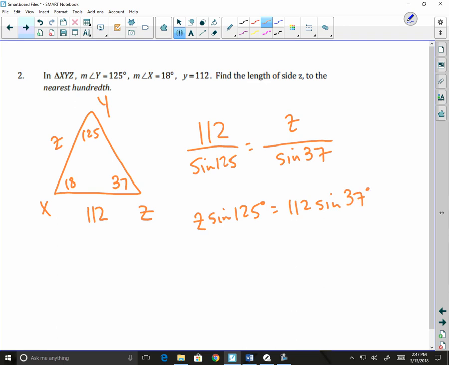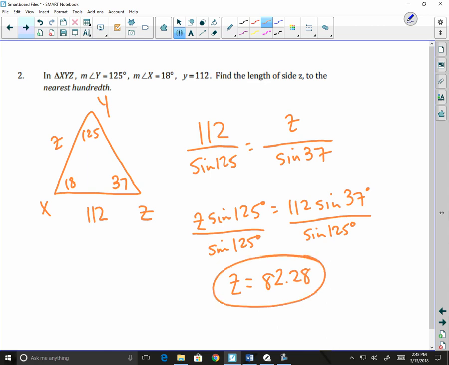Divide both sides by the sine of 125. And we get Z is equal to whatever that comes out to be. So 112 sine of 37 divided by the sine of 125. And that gives us, to the nearest hundredth, 82.28.